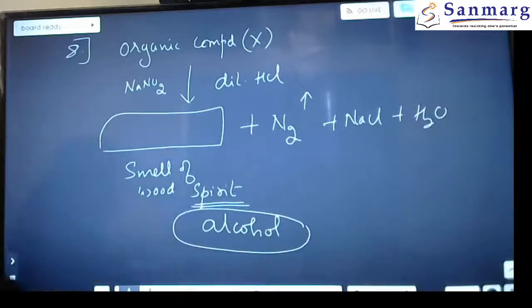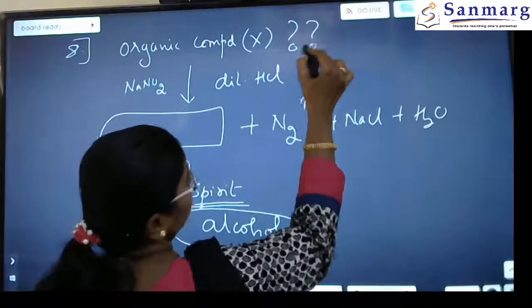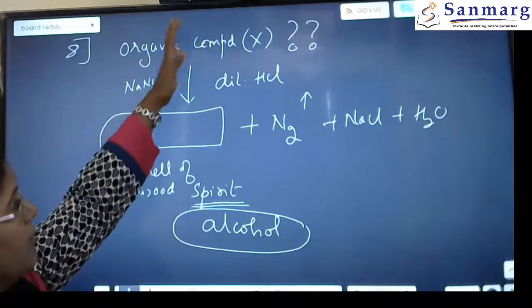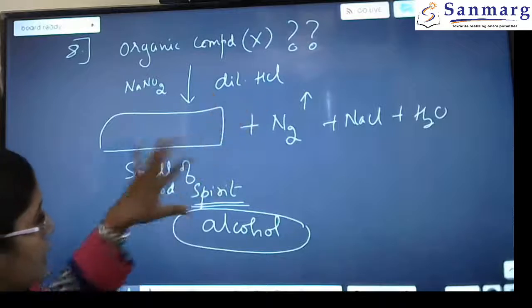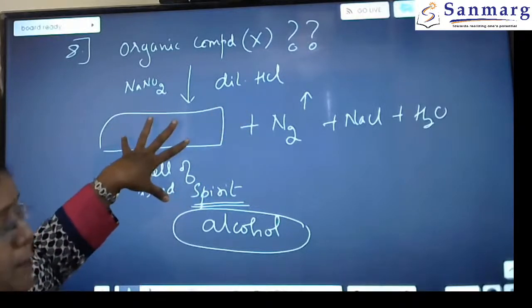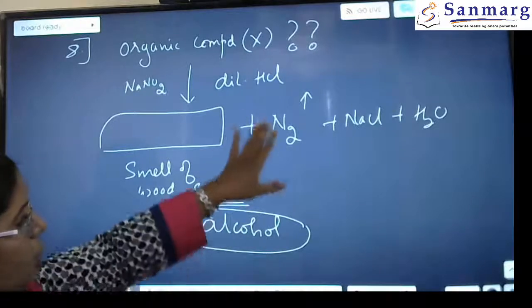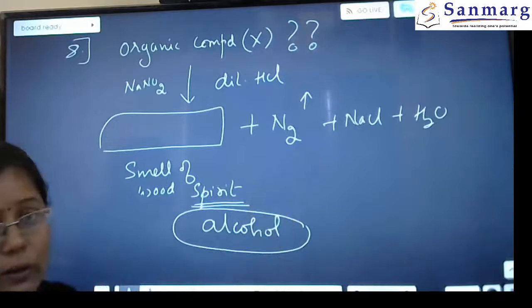So now the question is, what is X? Which is that organic compound? When an organic compound is treated with sodium nitrite in the presence of acid, you get a primary alcohol which has a wood spirit smell, along with nitrogen gas liberated, sodium chloride and water.